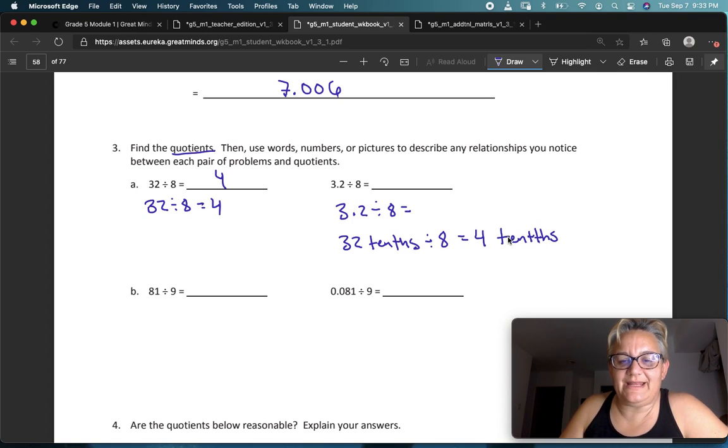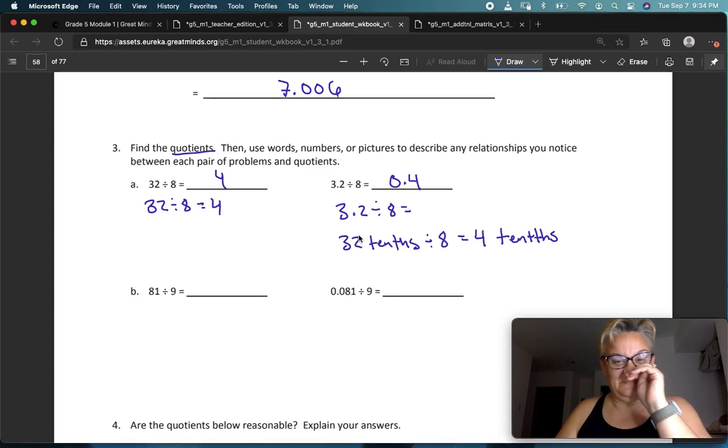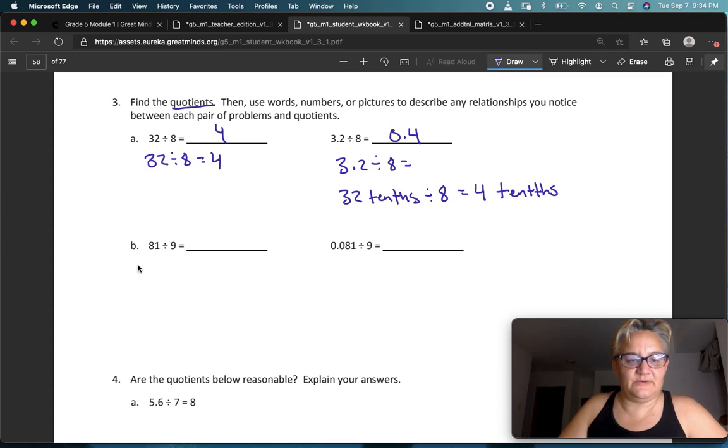So you have to write it like 4 tenths when you write it in standard form. Be careful. Don't just pop the decimal in there because you think it's supposed to be there. Know why you're doing it, okay? So we've used some word form. Then we didn't use any pictures, but we did use some numbers, okay.